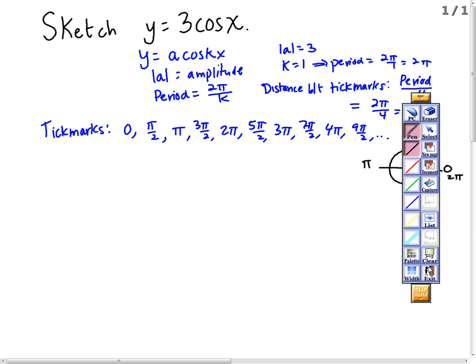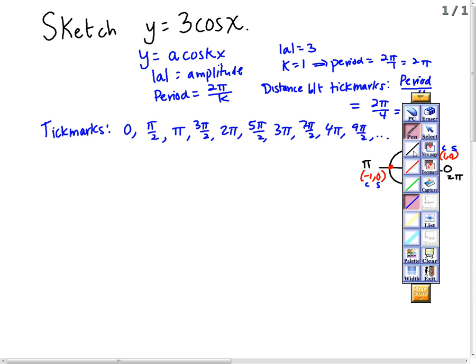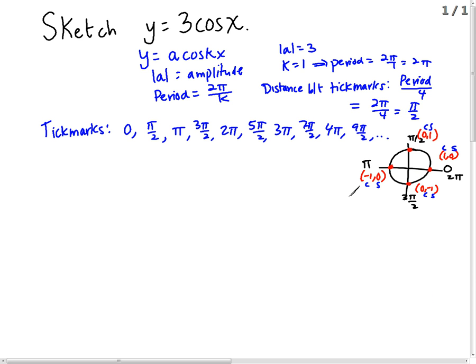And the points here are, this point right here is 1, 0, this point right here is 0, 1, this point right here is -1, 0, this is 0, -1. And my points are cosine, comma, sine. So we're going to see what the cosine values are for each of these.